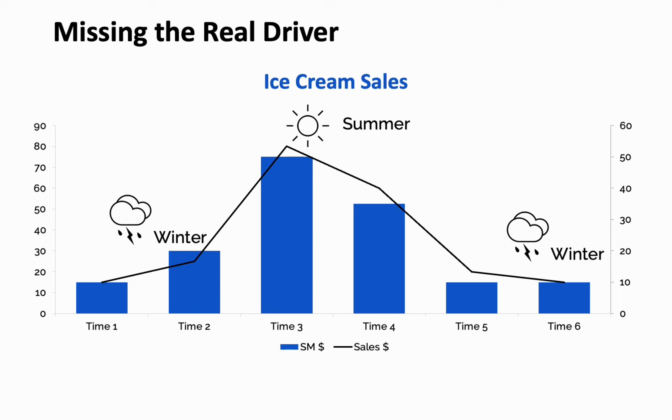And in the winter, fewer people are buying ice creams, so there was less social media advertising. In fact, the sales were driving the advertising budget, not the advertising budget driving the sales so much.